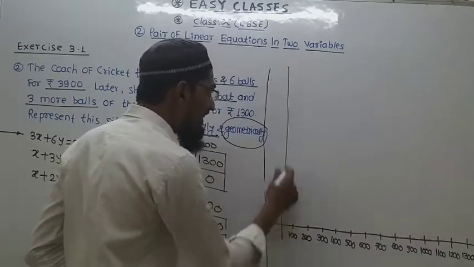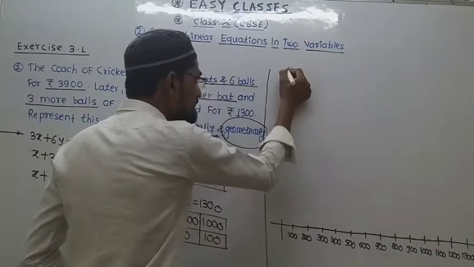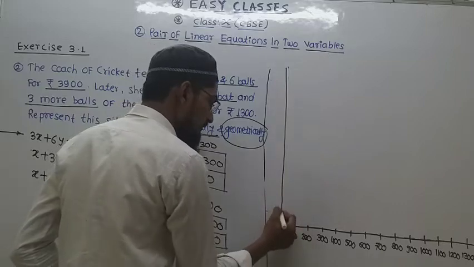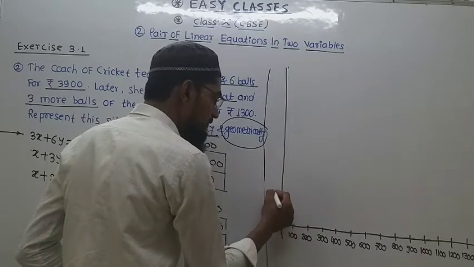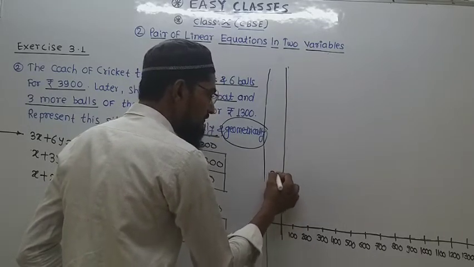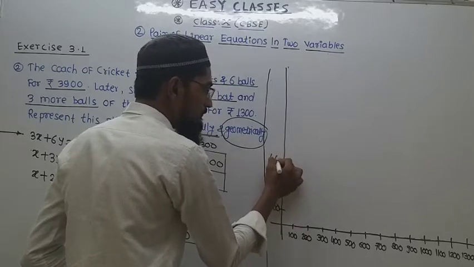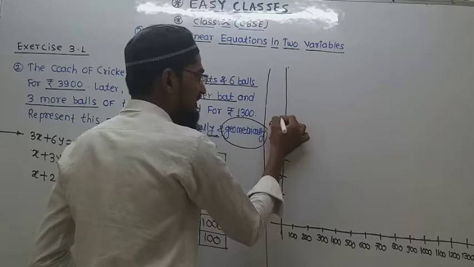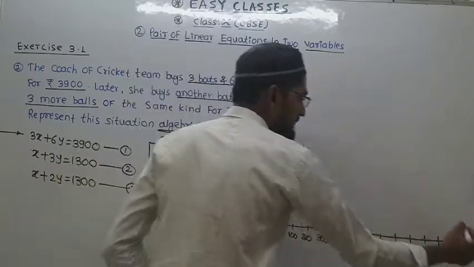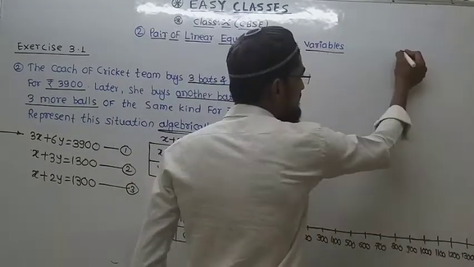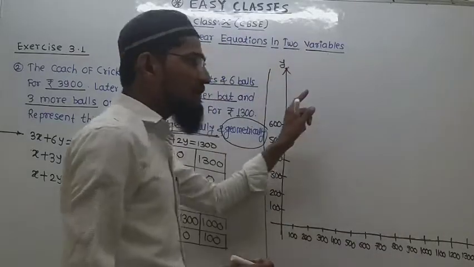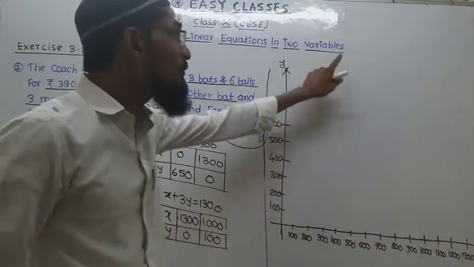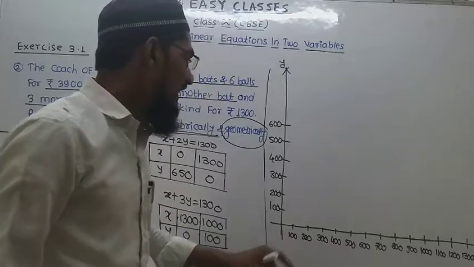Now on the y-axis, 100, 200, 300, 400, 500 and 600. So y-axis, x-axis and scale we have taken. 1 unit is equal to 100, 1 centimeter is equal to 100.